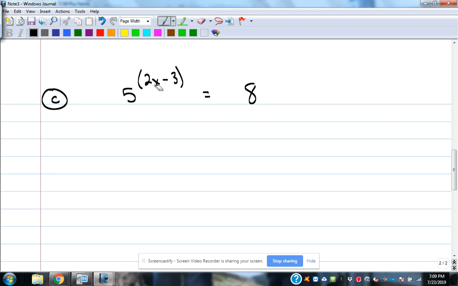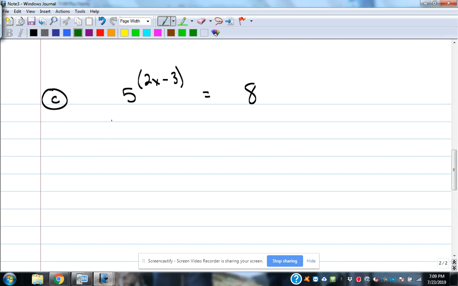It's got 2x minus 3 in it. We know we can't get the bases the same because I can't take a 8 and make it 5 to a power. If this were a 25 over here instead of an 8, then hey, I could change that to 5 squared. It's a much easier problem. But because it's an 8 over there, that means I'm going to have to use a logarithm to solve this.